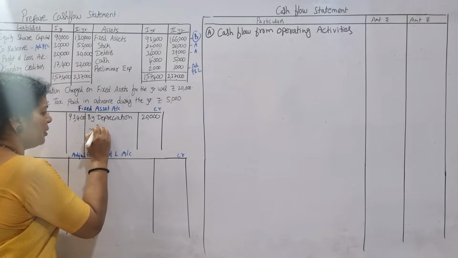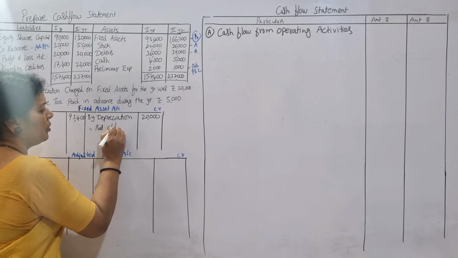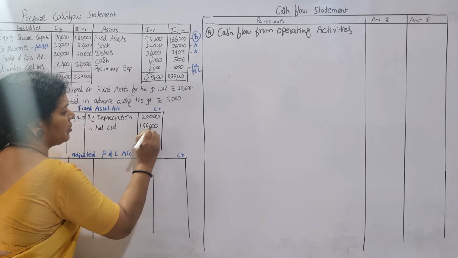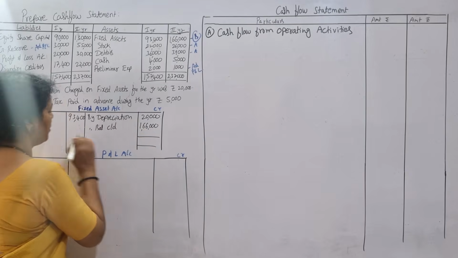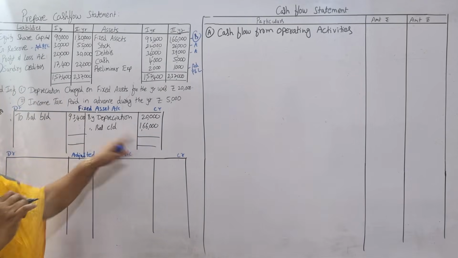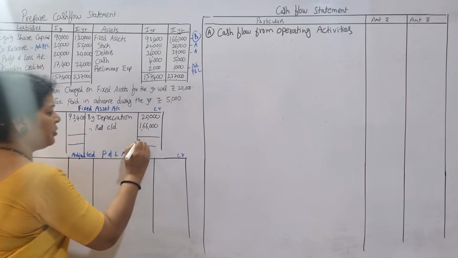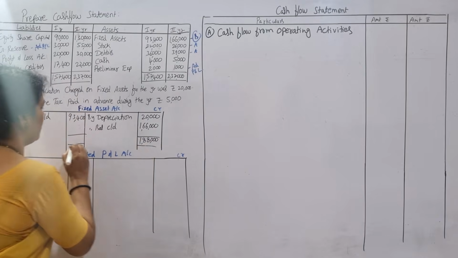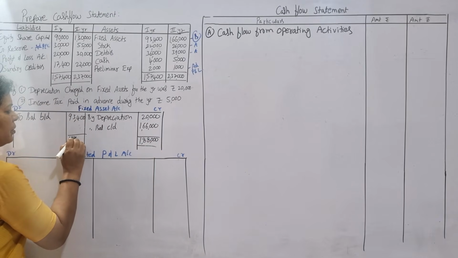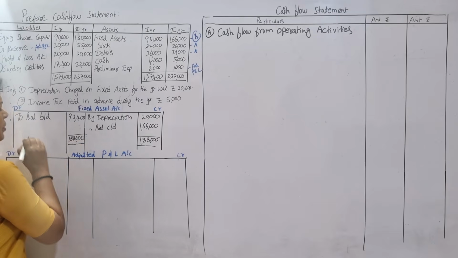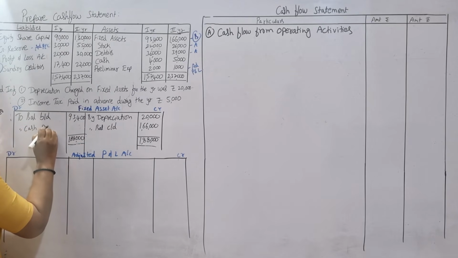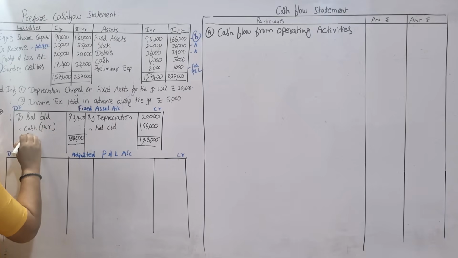By balance carried down, 1,66,000. So the balance we are getting on the debit side, this is 1,88,000 minus this. We say it is cash, you can say cash purchases. This is the balancing figure.